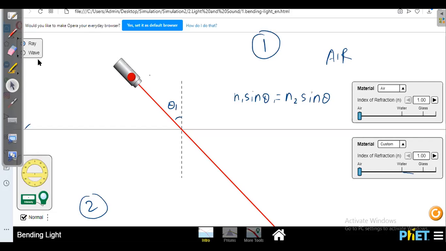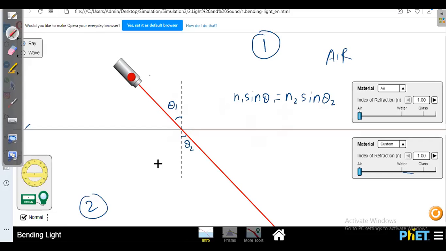There is no other way to go because light rays always have to follow Snell's law: n1 sine theta 1 is equal to n2 sine theta 2. If n1 and n2 are exactly the same, then theta 1 and theta 2 are the same. So whatever theta 1 I get here, the same theta 2 I will get here. That is intuitive, because the path is not changing, if this is theta 1 and this is theta 2.